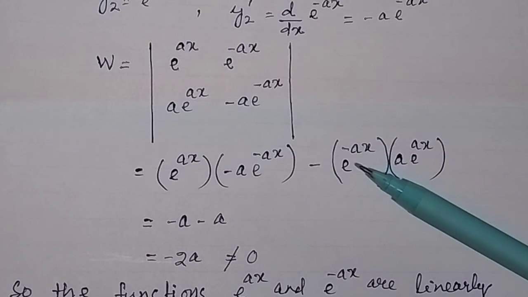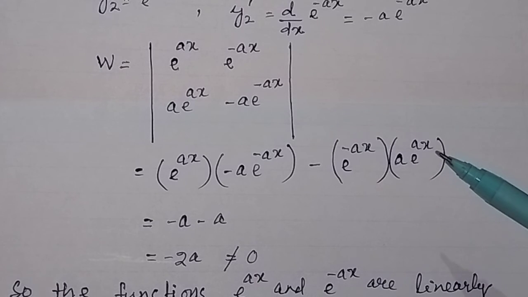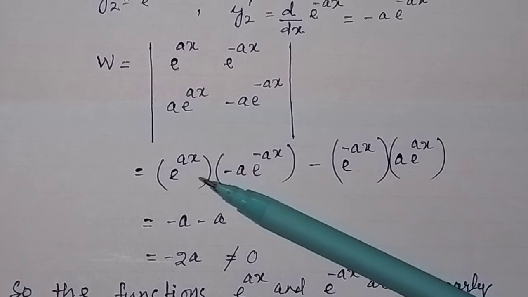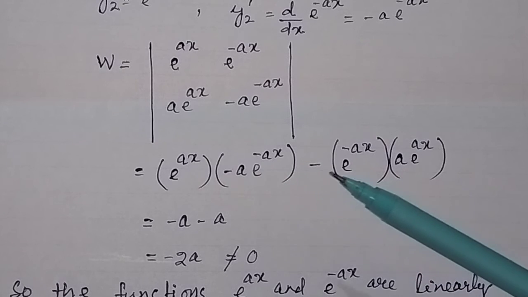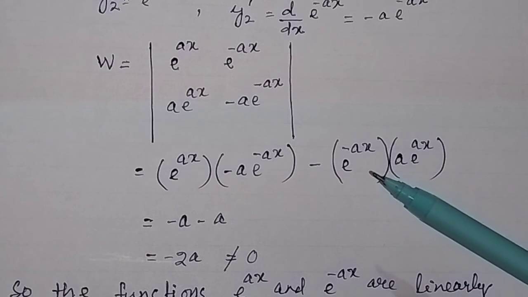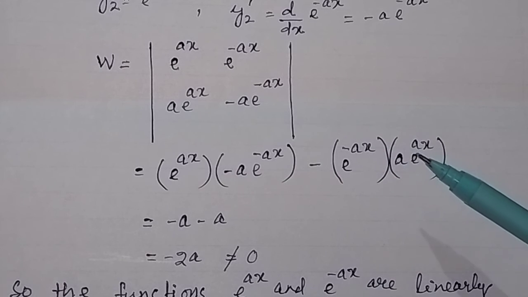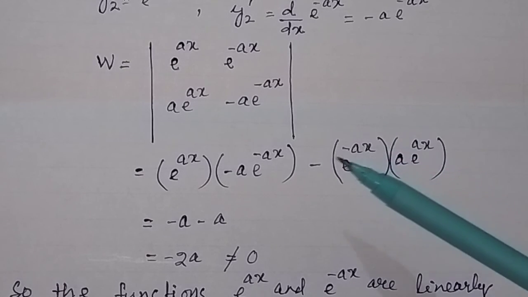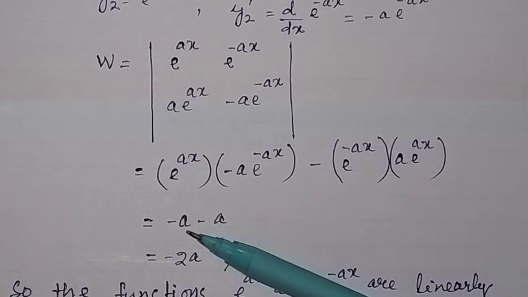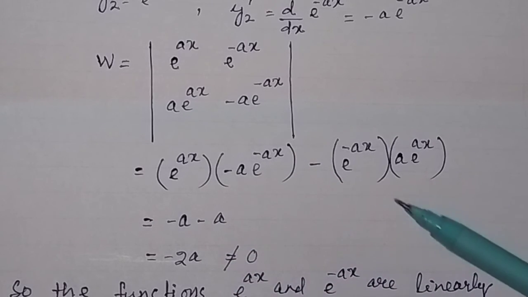The multiplication of the first two terms will be equal to minus a, and the multiplication of the other two terms is also equal to minus a, because e to the power minus ax times e to the power ax is e to the power 0, which is equal to 1. So minus a minus a is equal to minus 2a.